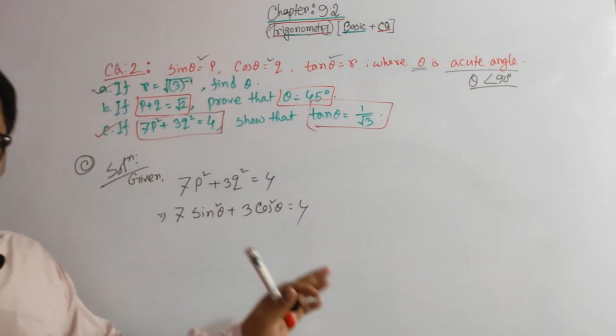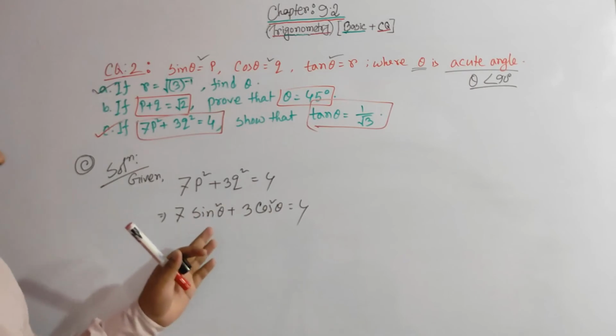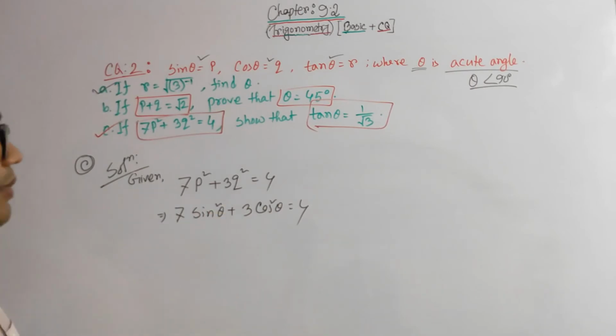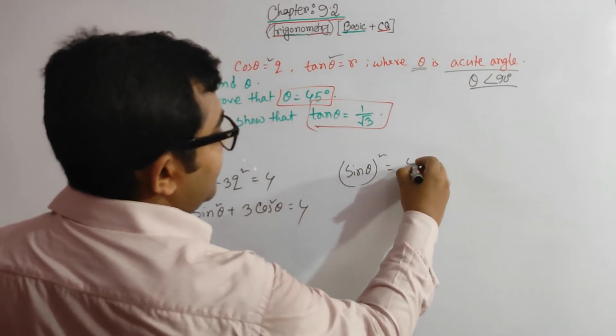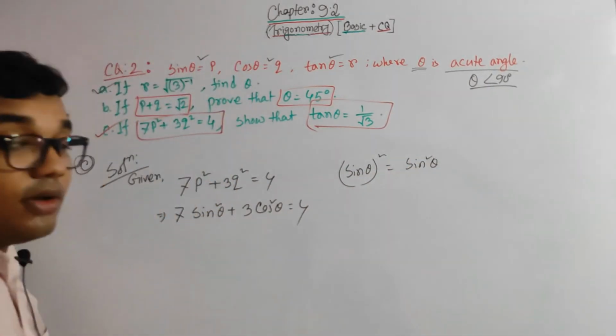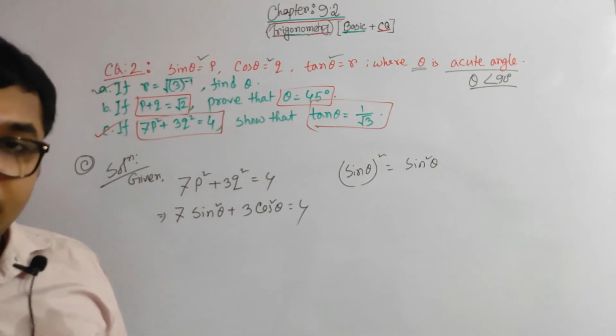Maybe one question arises in your mind, why I have written sin²θ here? Because we know that (sin θ)² is nothing but sin²θ. Similarly, (cos θ)² equals cos²θ.